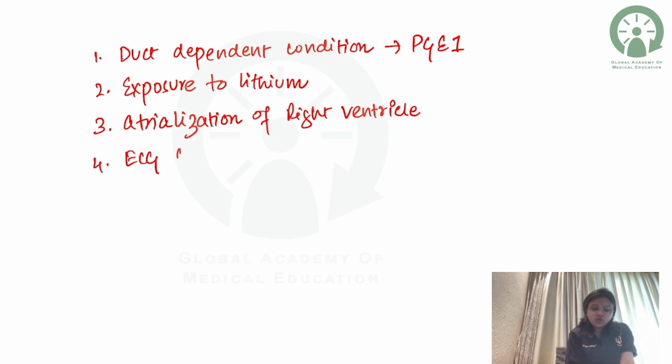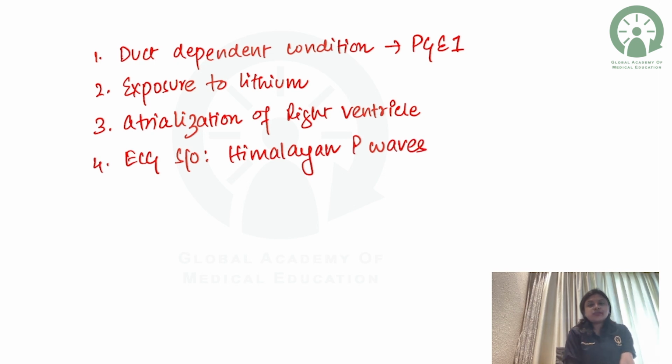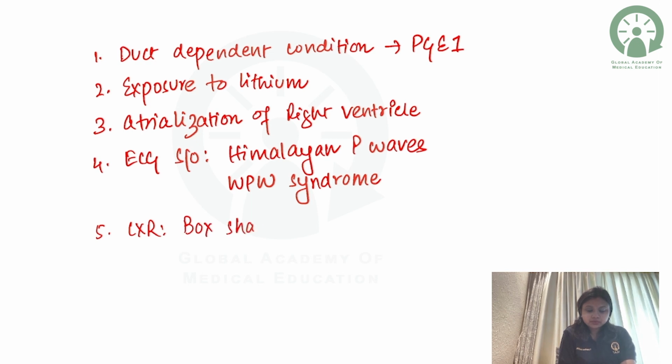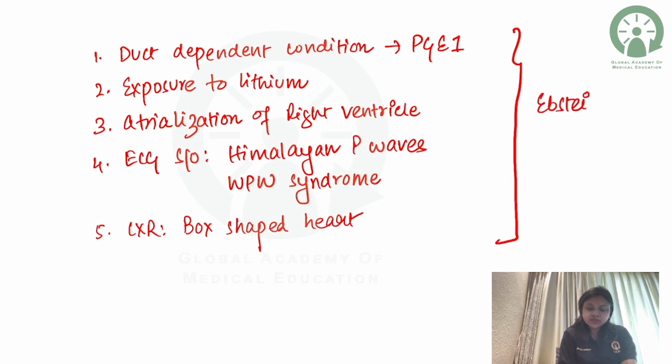ECG is suggestive of Himalayan P waves, that is nothing but the tall P waves. And apart from Himalayan P waves, WPW syndrome is associated with Ebstein's anomaly. So there can be cardiac conduction defects as well. In the chest X-ray, we are going to get a box-shaped heart. So these are the features of Ebstein's anomaly.